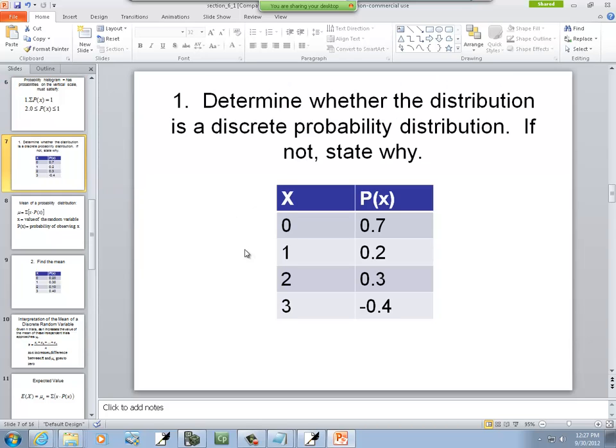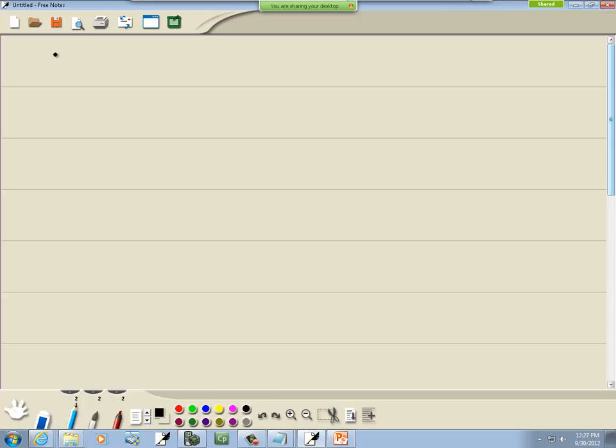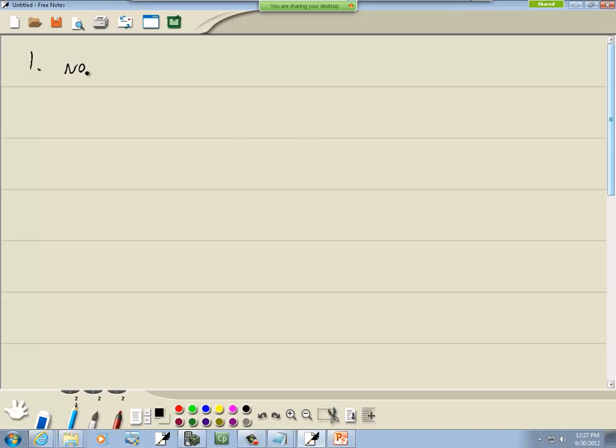Let's look at our first problem here. It says, determine whether the distribution is a discrete probability distribution. If not, state why. Well, the answer here is no, it's not a probability distribution.